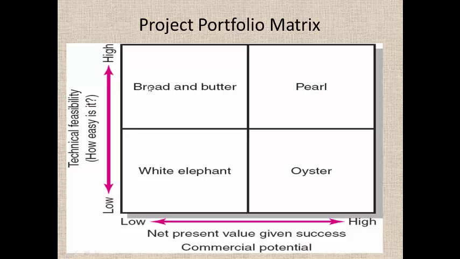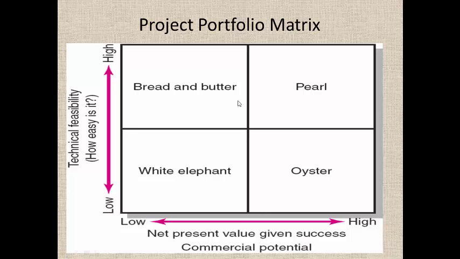Also, you look at bread and butter projects, where you get low net present value, basically low profit, but they are highly technically feasible. If you look at most of the maintenance and support projects in IT, big companies like TCS and Infosys are doing 60 to 70% bread and butter projects, where they put in a lot of people and then deliver projects where the profitability is not that high.